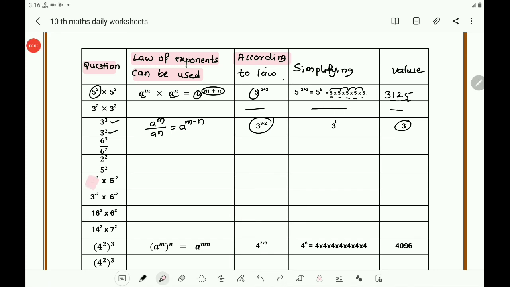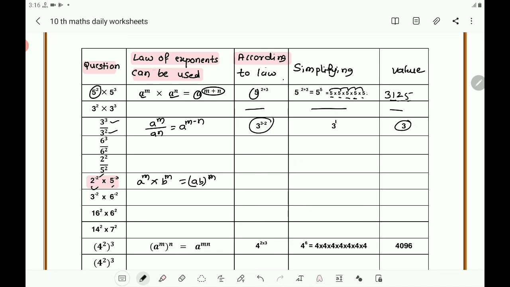Next, 2 power minus 2 into 5 power minus 2. Here the bases are different, 2 and 5, but the powers are same. So in that case you can use the law a power m into b power m, which is equal to ab whole power m.